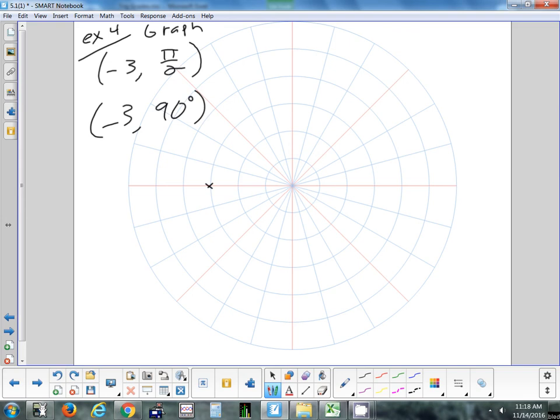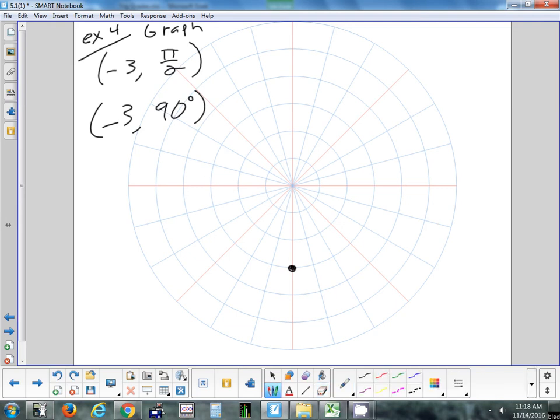Clockwise or counterclockwise? Yep, counterclockwise. Because you have a positive angle, we're going to go counterclockwise. And that's where you end up.